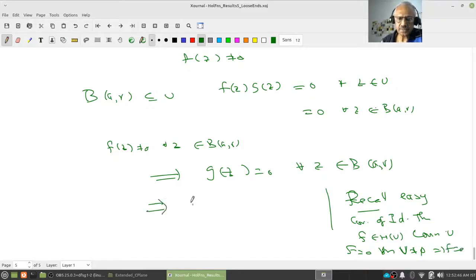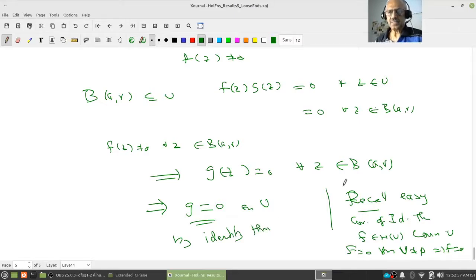Therefore, this says g is 0 on U by the identity theorem, or its easy corollary if you want. It's actually the identity theorem because in any non-empty open set every point is a cluster point. Therefore, the set of zeros of g has a cluster point. Okay, please pause, review, proceed.